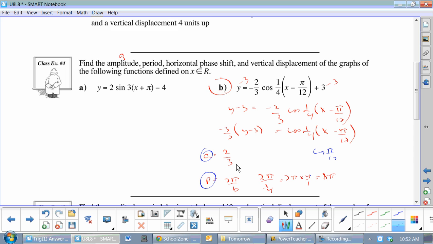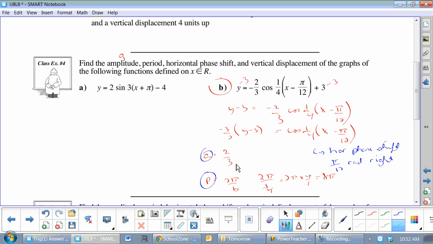I can't just put pi over 12 for C. We have to describe the translation. So really, I should be saying, it's a horizontal phase shift pi over 12 radians right. That's the new way we have to say it, okay?